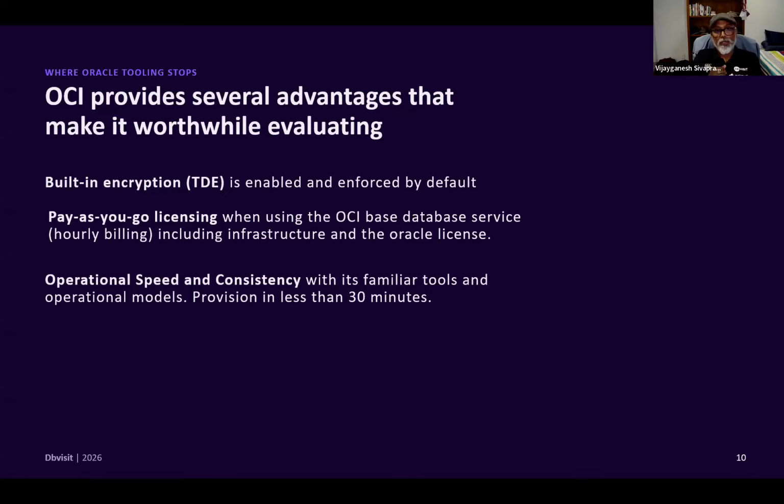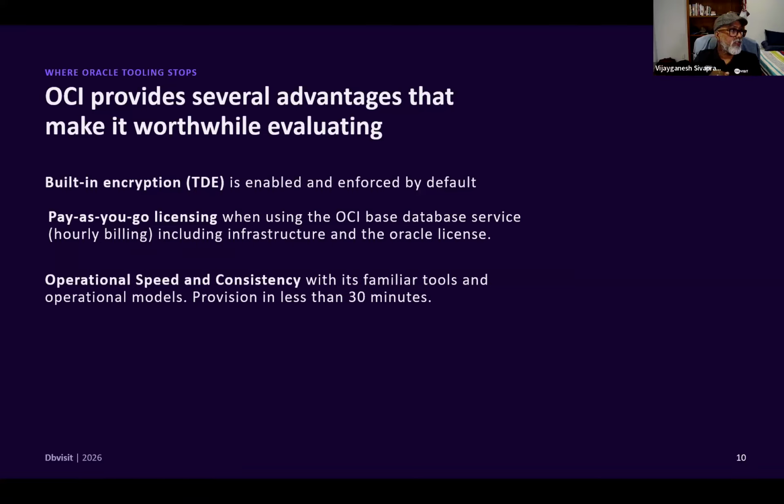One is built-in TDE encryption that is enforced by default in OCI, especially for DBCS. This is enforced by default for both enterprise and standard edition because the ASO license is not included with your enterprise edition, but it has to be purchased separately. But with cloud, it is included with DBCS.